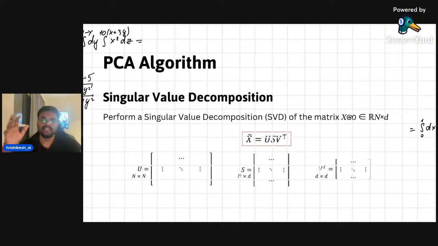By using the equation you are seeing right now, USV transpose, you can get the x bar. In x bar, the diagonal positions are non-zero, and they contain the information of the image. So let's say I provide my image, which contains 200 rows.